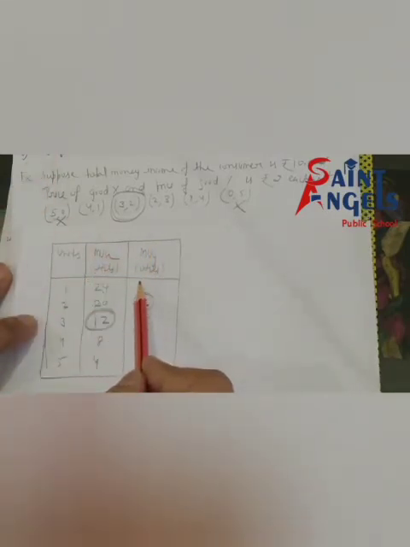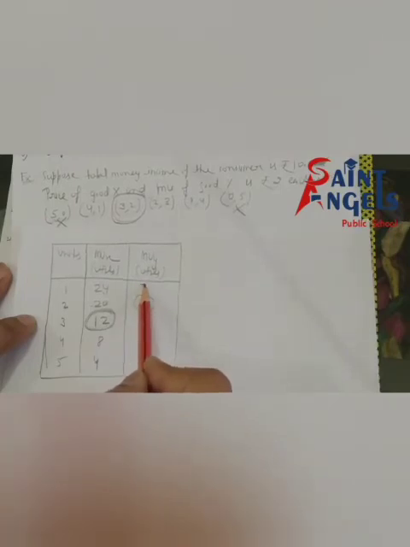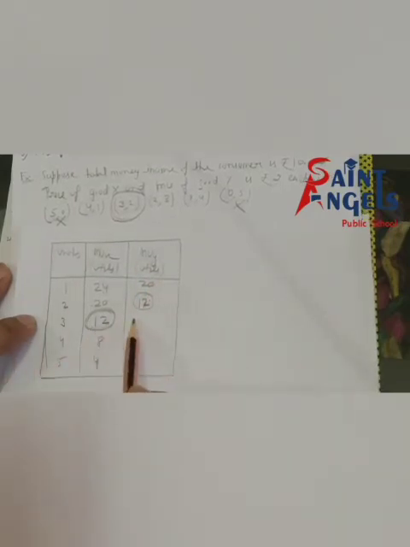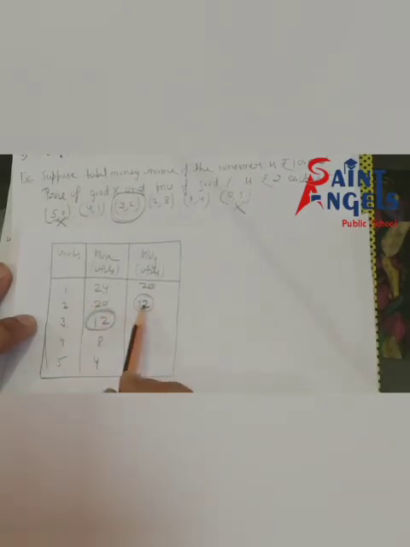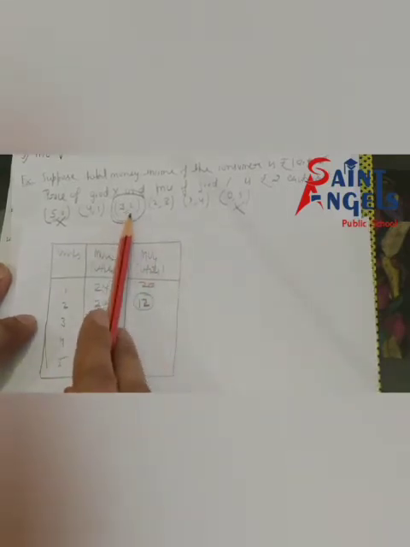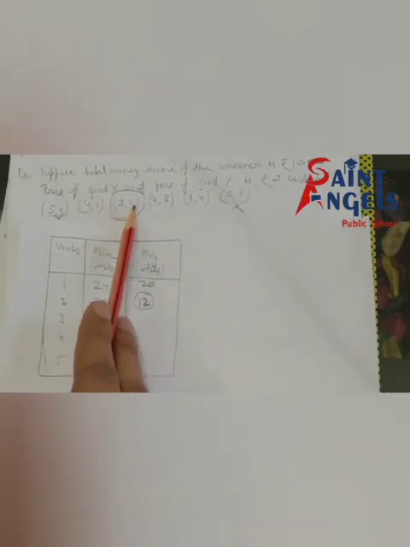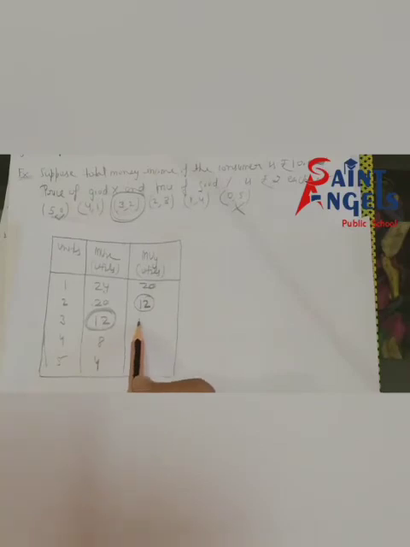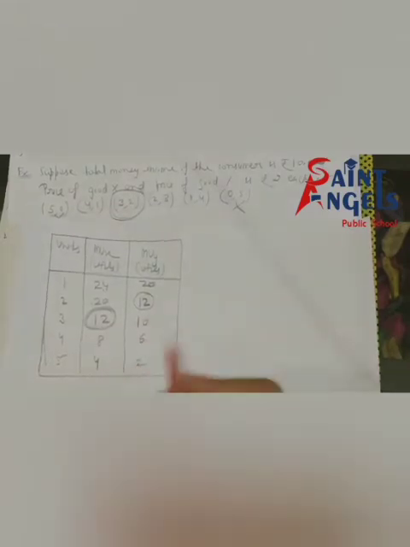So I am taking 20 here, and for the second unit 12, because the third unit of good X is 12. After this I am taking 10, 6 and 2.